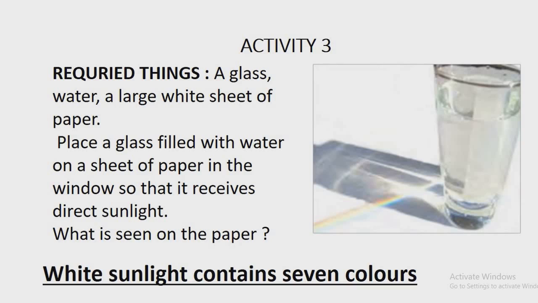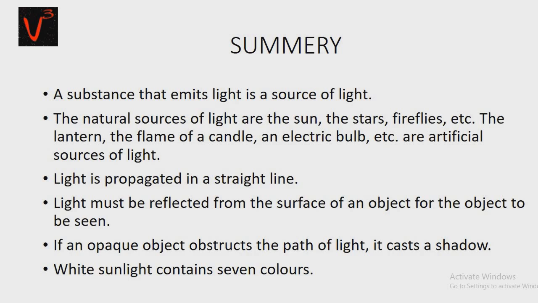The direct sunlight should fall on the glass, on the water. So what can you see on the paper? You can see the rainbow light, that is the white light is getting converted into 7 lights, that is 7 colors. That is, we can say that white sunlight contains 7 colors. Try this also.